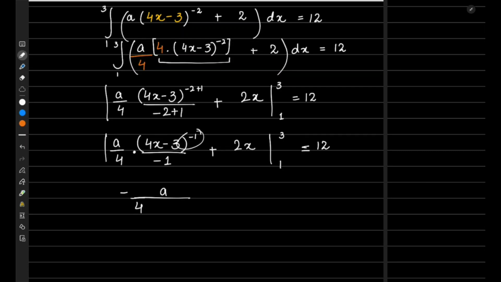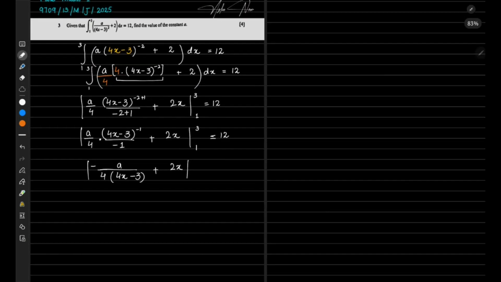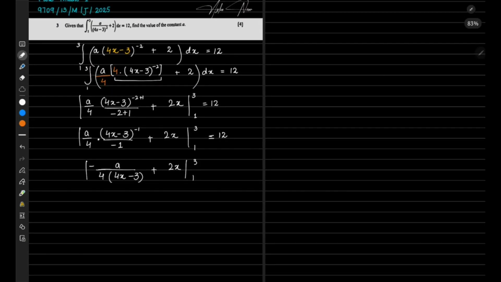As it is minus 1 and we want to change it into plus 1, we are shifting it back to the denominator. So 4x minus 3 to the power 1, which we don't write, plus 2x, with limits 1 to 3. Now applying first the upper limit 3, and then the lower limit.